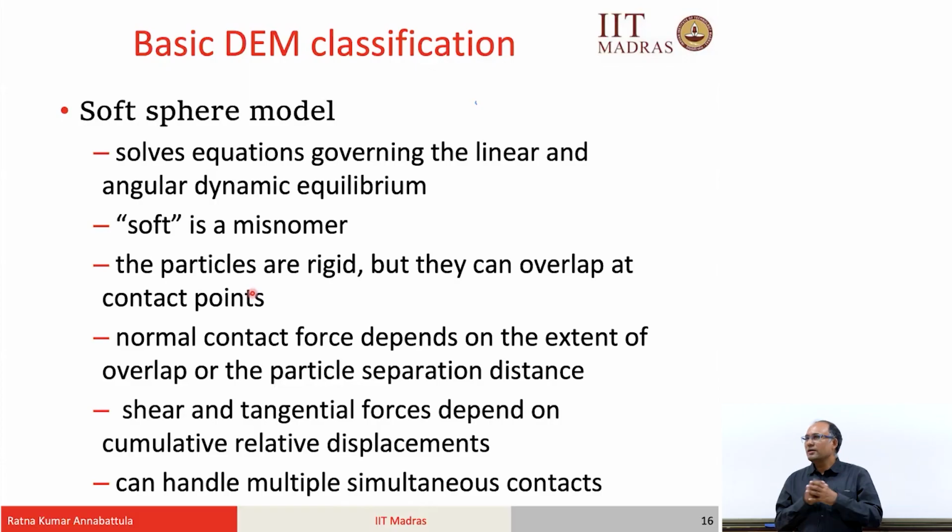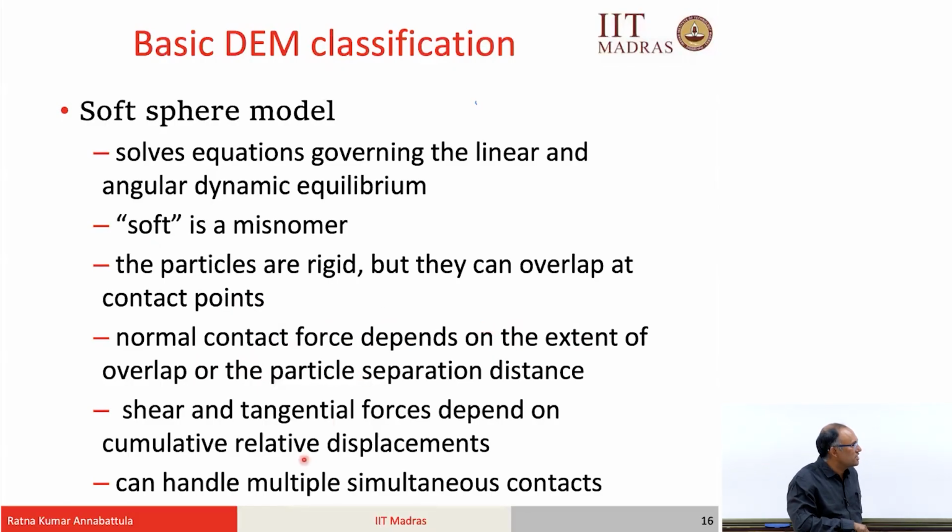We do not simulate the deformation of the particle, but we allow for interparticle overlap, and based on the overlap we compute. So, the particles are rigid, but they can overlap at contact points, and this normal contact force depends on the extent of overlap or the particle separation distance, depending on whether there is cohesion between the particles.